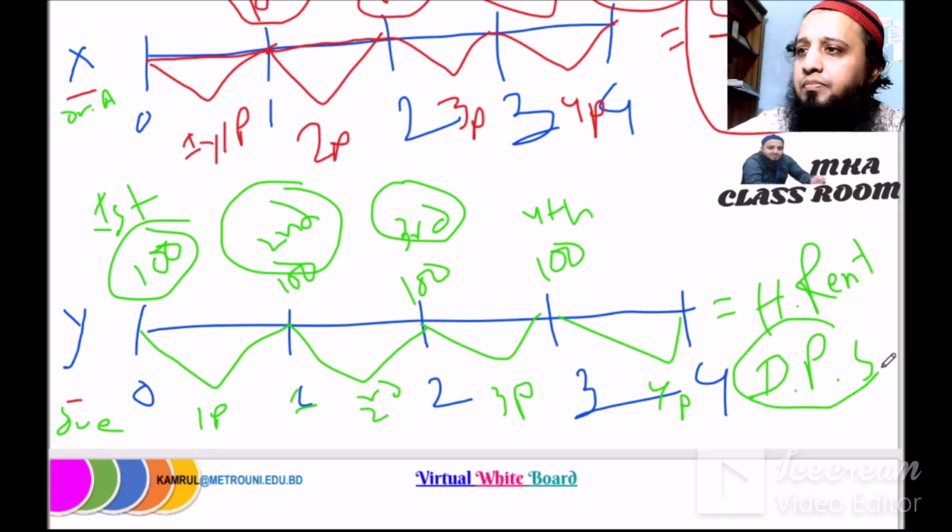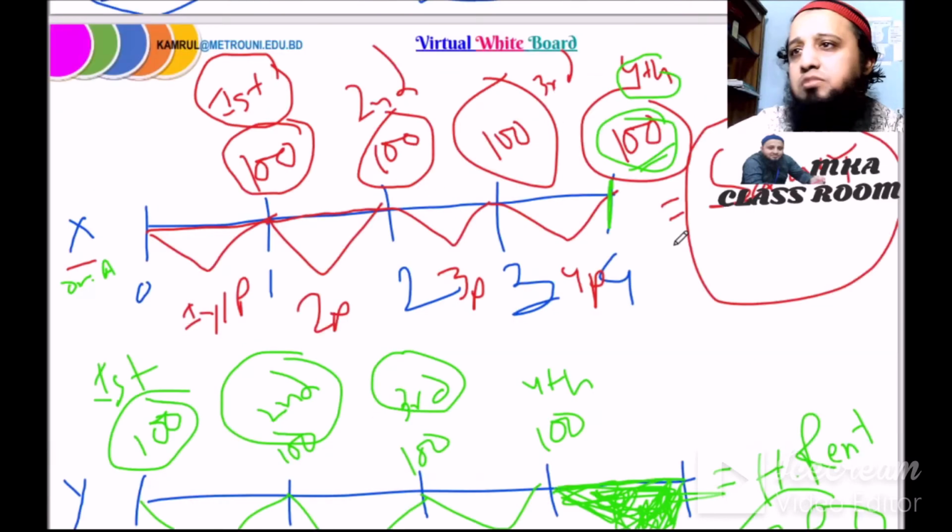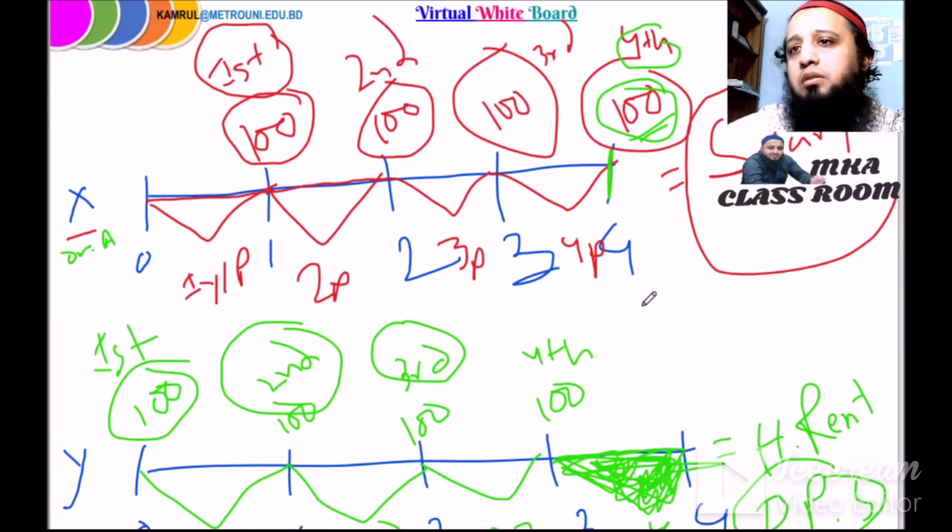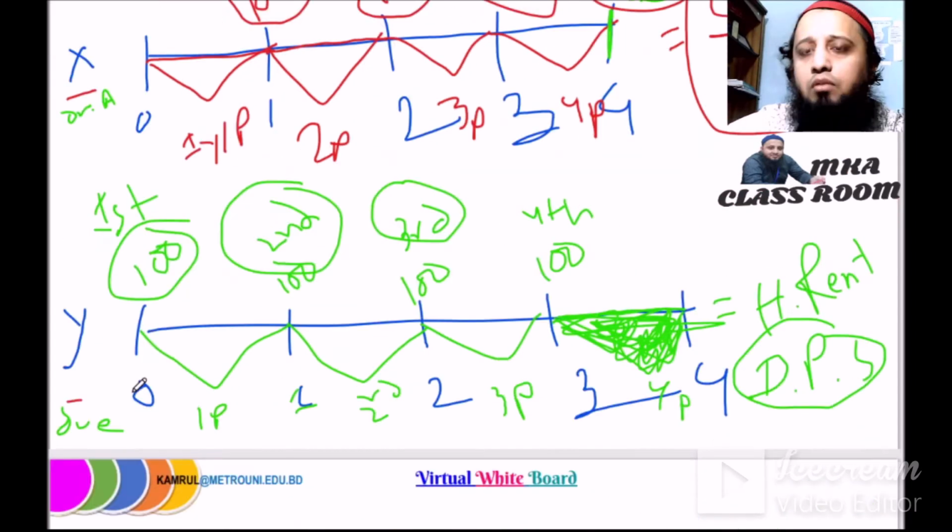So, this 100 taka is not getting any kind of interest, because whenever your fourth period ends, then you provide your fourth installment. But in the annuity due, whenever your fourth period starts, you have to provide your fourth installment.